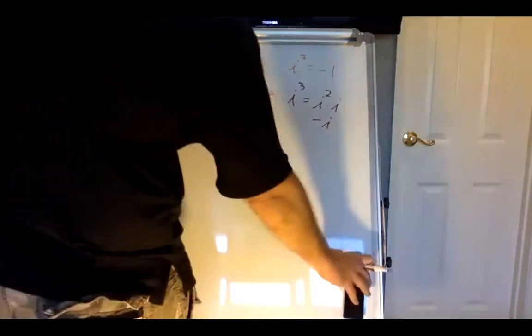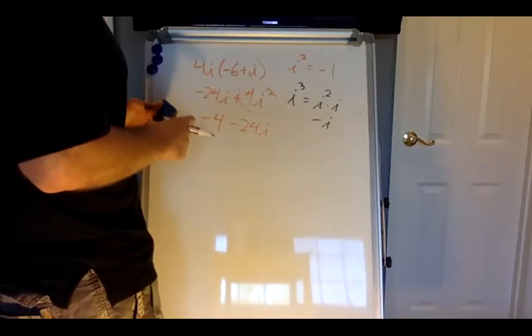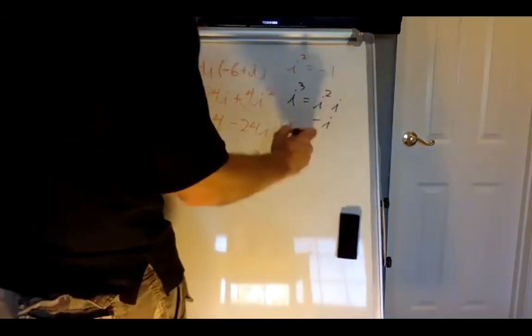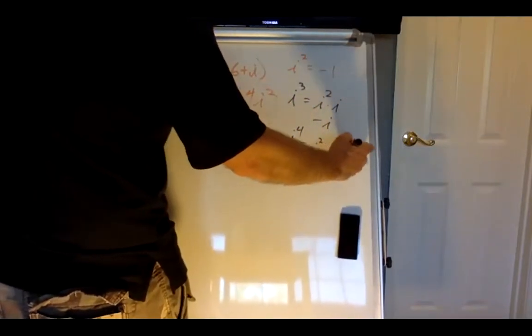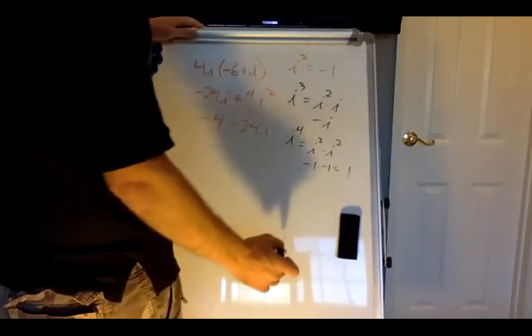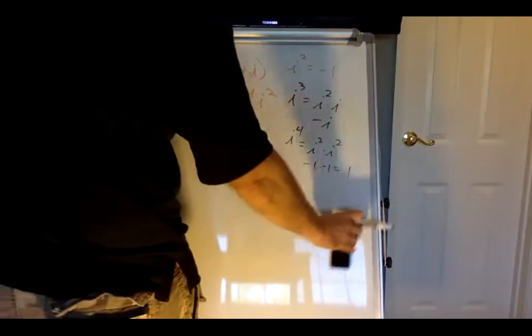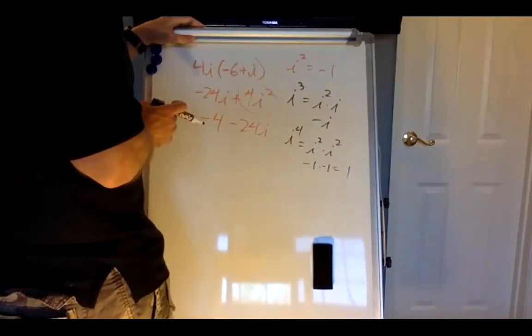But okay. i to the 4th would be 1, right? Everybody, let's look at that. What's i to the 4th? It's i squared times i squared, which is negative 1 times negative 1, which is 1. i squared gave me negative 1. And i to the 5th is just i.